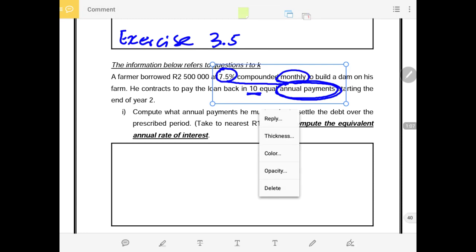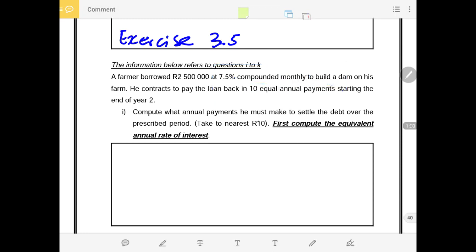This is a very important question, which I also dealt with in the story of the student who borrowed, I think 7,000 every 6 months. It was the same thing, where the monthly rate must be converted to a 6 monthly rate.